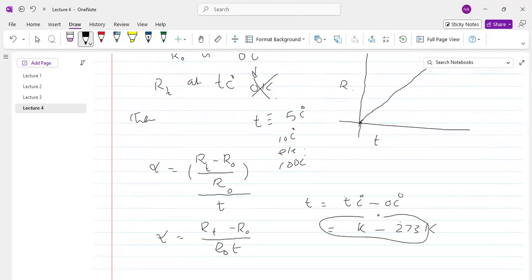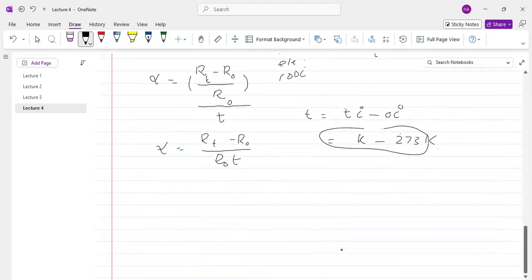This is called temperature coefficient of resistance. What is the unit of temperature coefficient of resistance? The SI unit is Kelvin inverse.